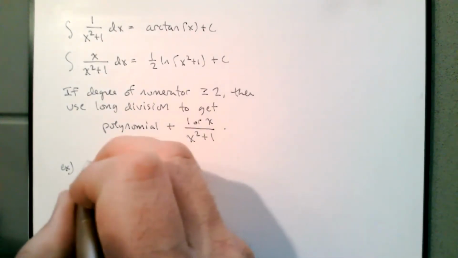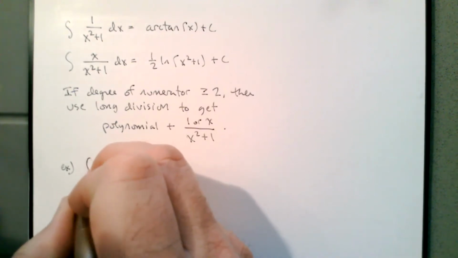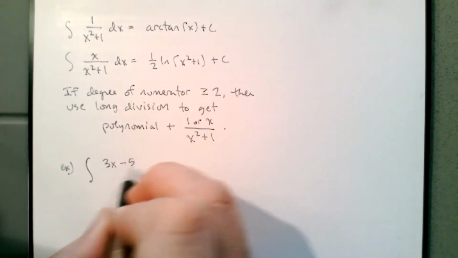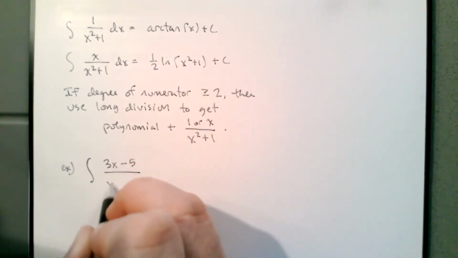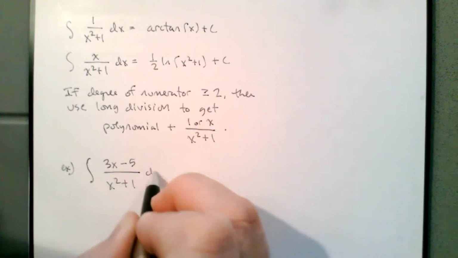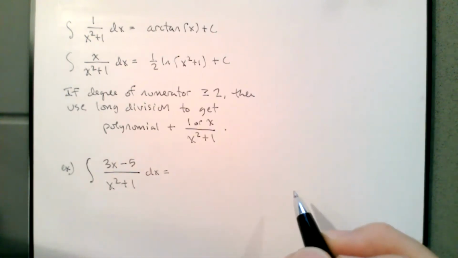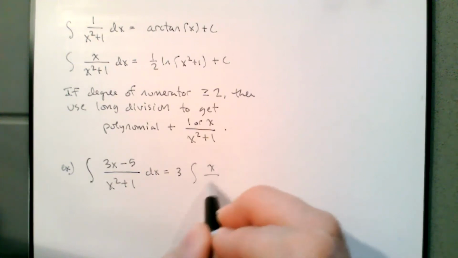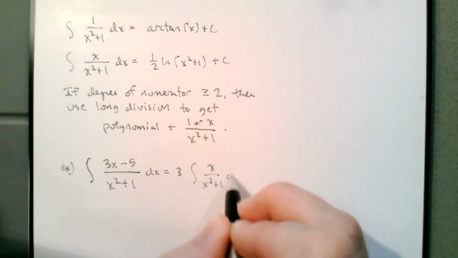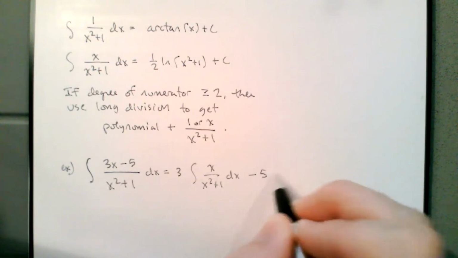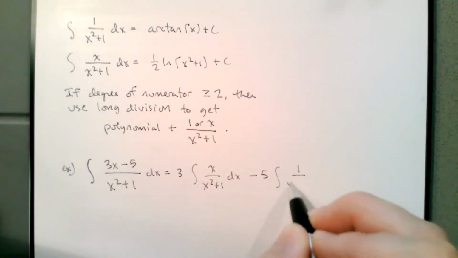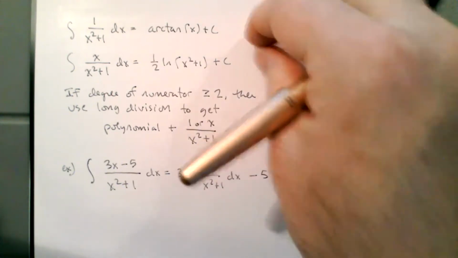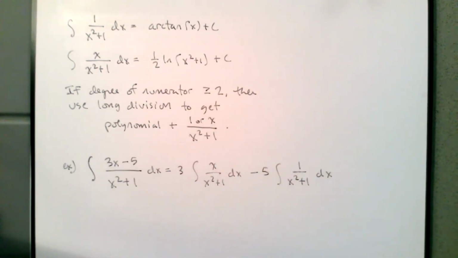So if we wanted to integrate, let's say, 3x minus 5 over x squared plus 1 dx, I have 3 copies of x over x squared plus 1 minus 5 copies of 1 over x squared plus 1. And those are the two building blocks that we set up last week.